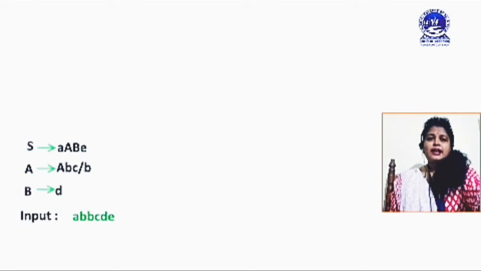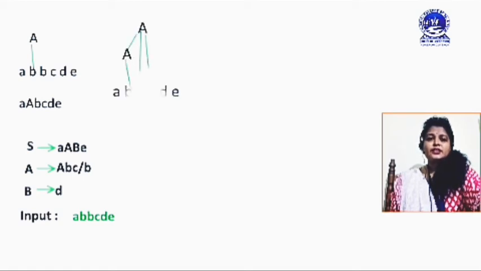Let's start. At the first step, what we are doing? We are using A implies b. And in this way, we got the output string a, A, b, c, d, e. And then we are moving to the next production rule, and now we are using the production rule A implies ABC, and in this way we got the output A, d, e.